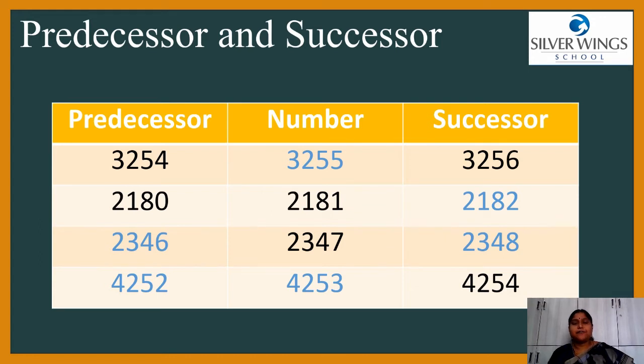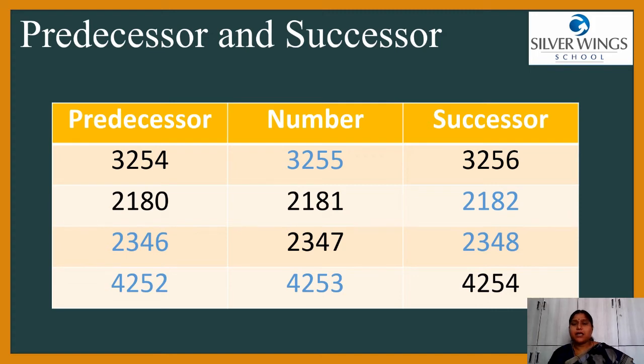Instead of that 5 you should write 4. Then the number is 3254. That is the predecessor of 3255. Next, what is the successor? Immediately after 3255, what number? 3256. Okay. Now, next row.